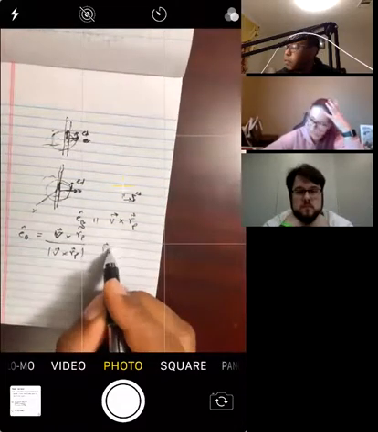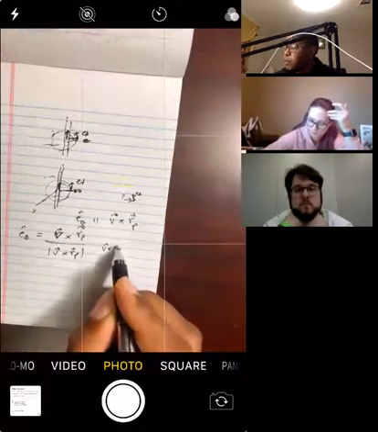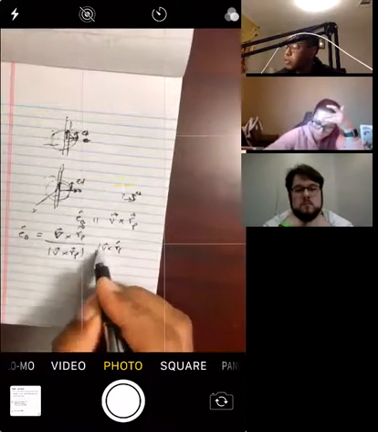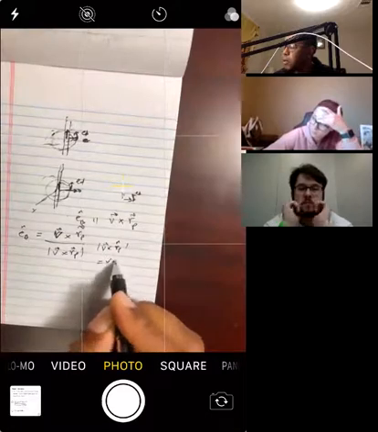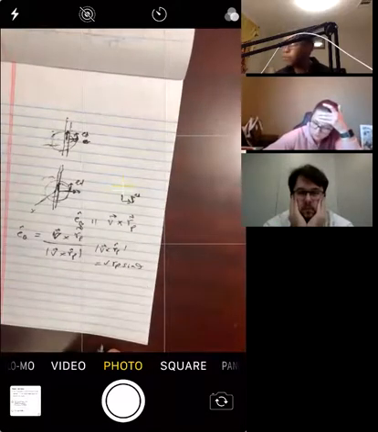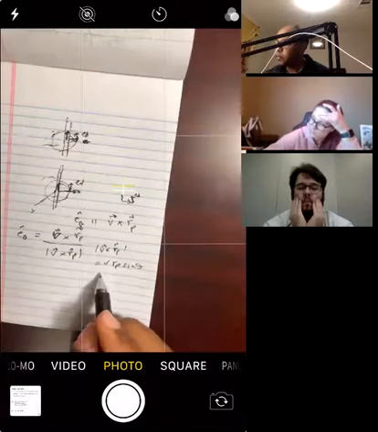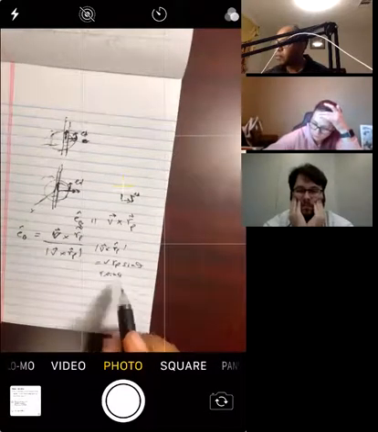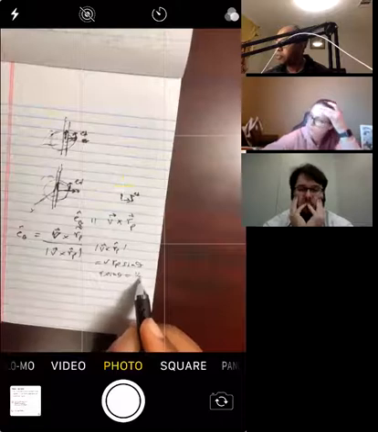V cross RP. By definition, the magnitude is V RP times the sine of theta. Okay, it's a cross product, but V sine theta is simply the component perpendicular to the position vector, V perpendicular.